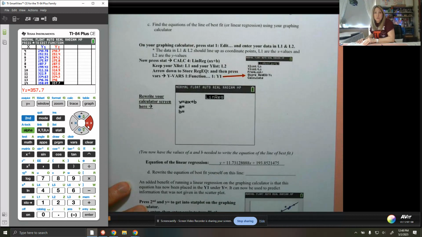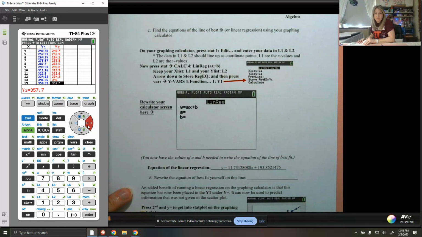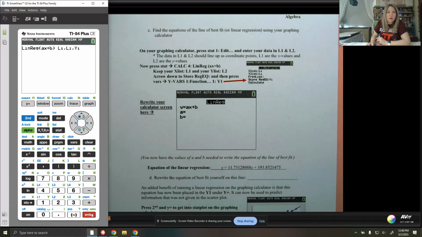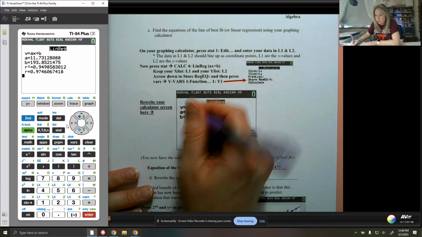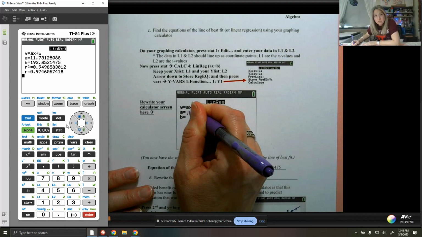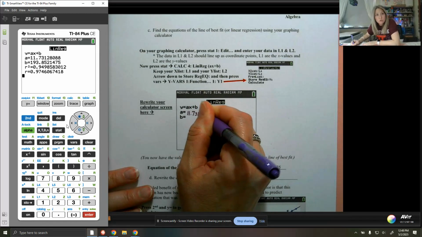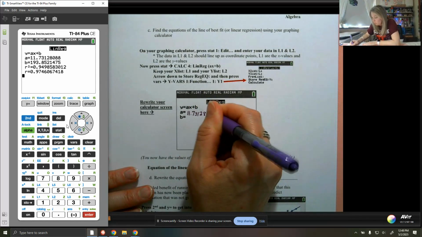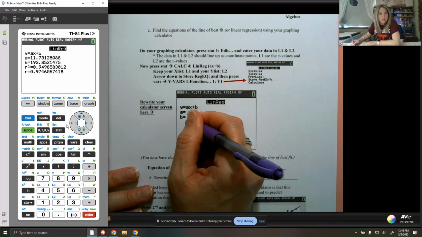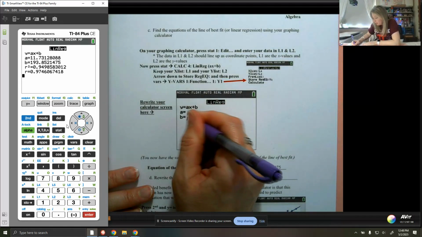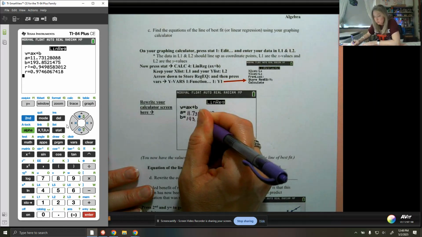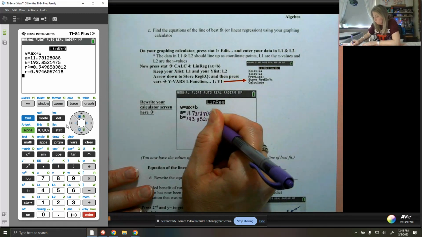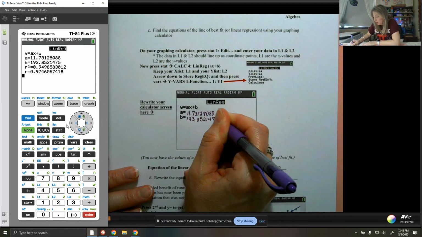I did on this particular screen, so I wrote this where we can plug in the stuff from our graphing calculator, so I'm just going to do this and just run the regression one more time to show you that I did get an A value of 11.73128088 and a B value of 193.852147.5.